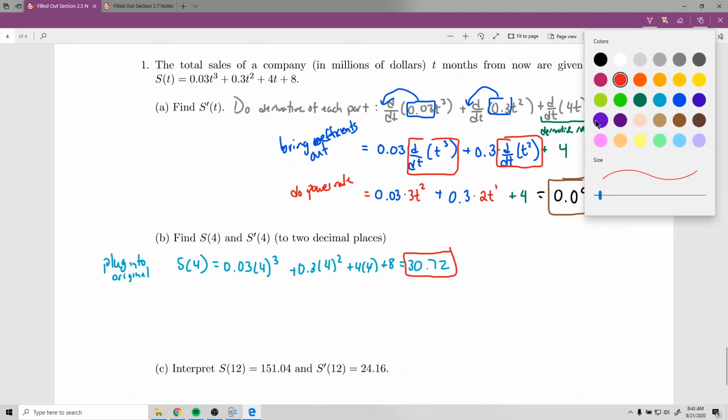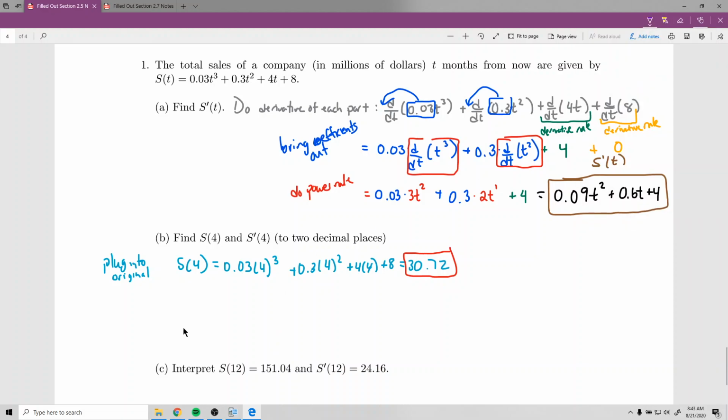And then the second part, we want s prime of 4. For s prime of 4, you don't use anything here about s of 4. That's not important. You used the formula for s prime of t and then plug in 4 there. All right, so we want to plug in t equals 4 into s prime of t formula.